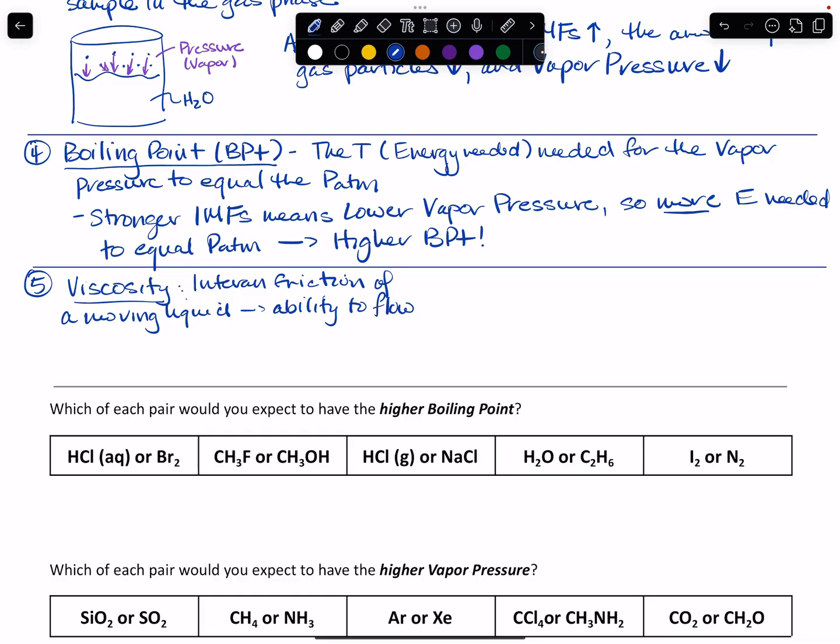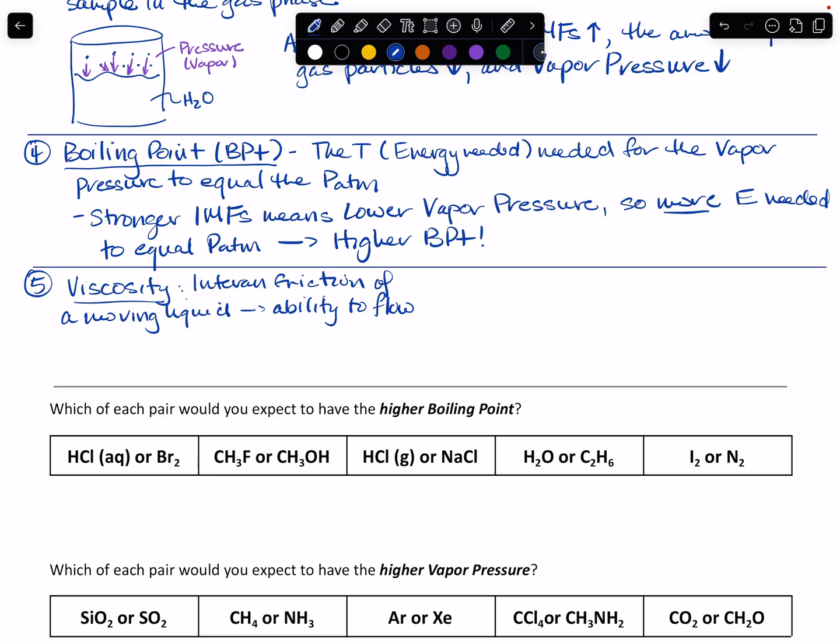Some substances flow really well. You pour them out, they pour all over the place, they make a huge mess. Other substances flow slowly. Great examples of something that flows slowly: corn syrup, maple syrup, any of those are going to flow very slowly. So we say they have a high viscosity, they are resistant to flow.